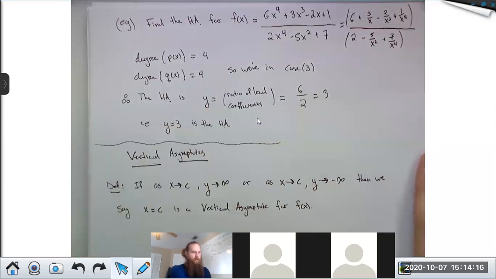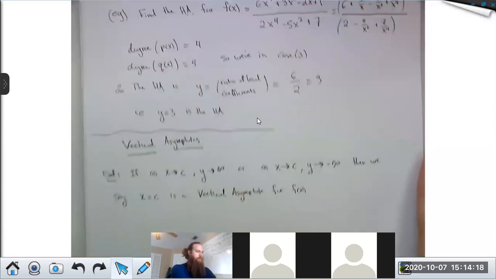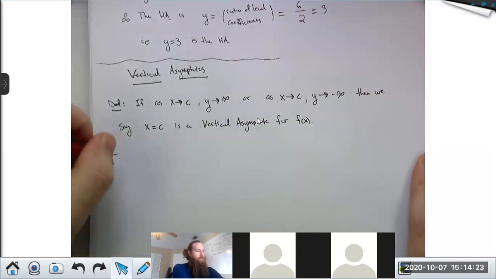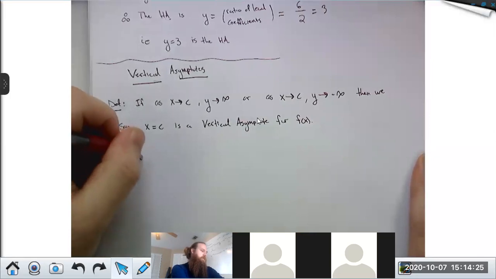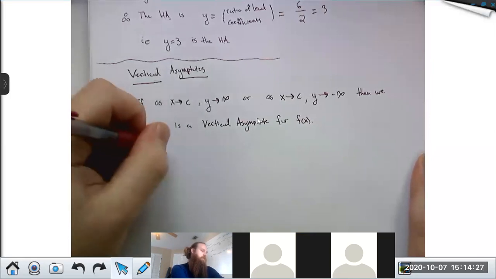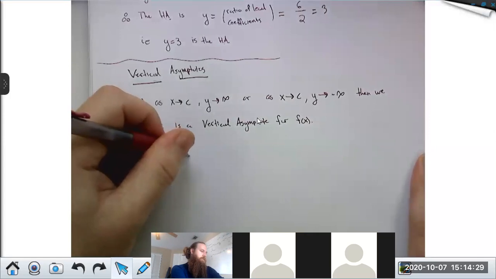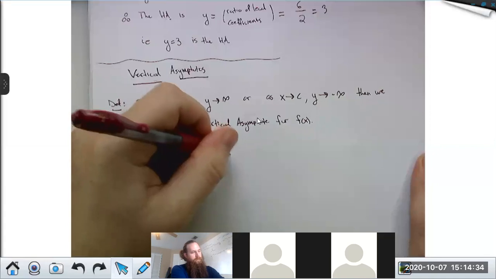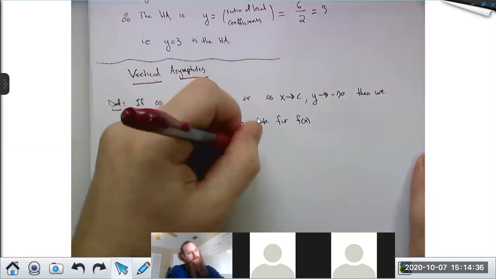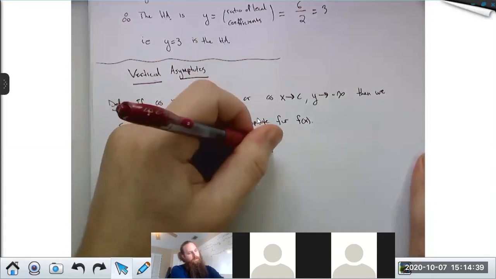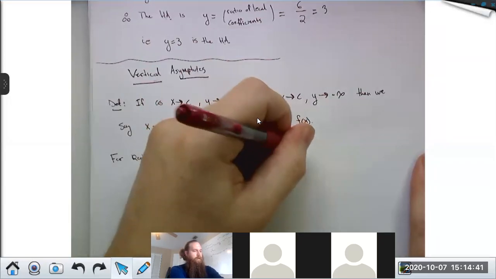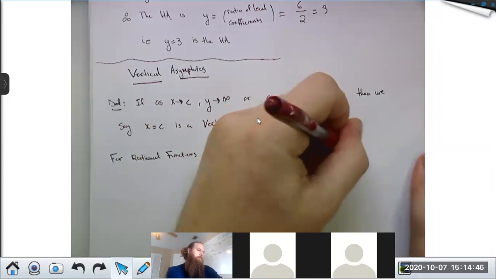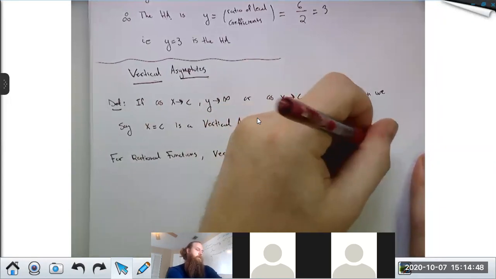Indeed, this is true in general, regardless of whether f is rational or not. And for rational functions, vertical asymptotes, which I'm going to call VAs, come from roots of the denominator.